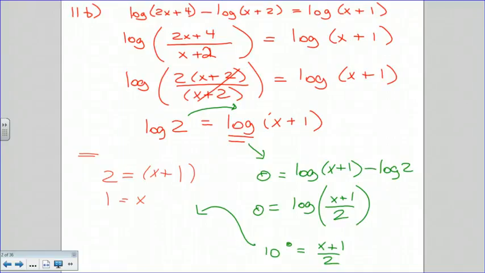So what's that equal to, Riley? 1 equals x plus 1 over 2. Cross multiply. Same answer, right? Okay, so the only subtle thing you got to remember, equate to 0, simplify the logs, change to exponential form, and solve.